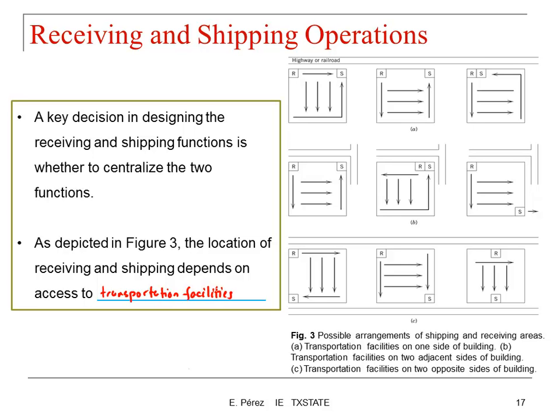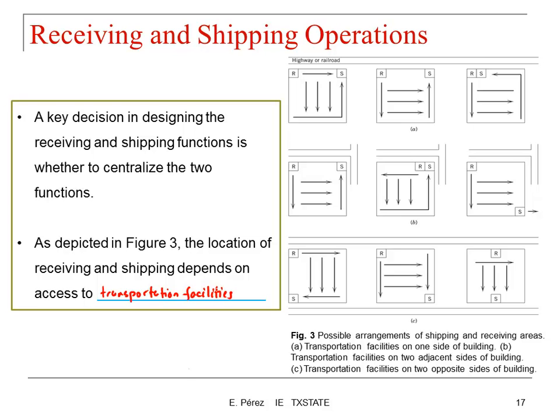And then the third one is the transportation facility on two opposite sides of the building, which is again the same concept. Here you have less flexibility in terms of the streets that are available.